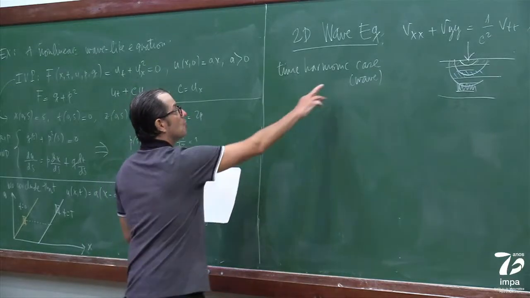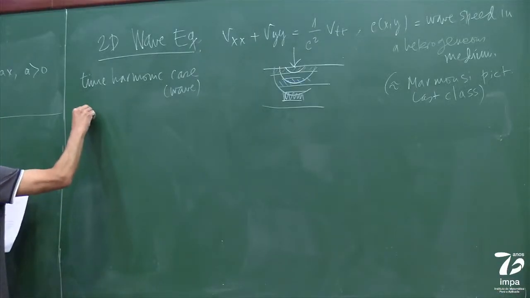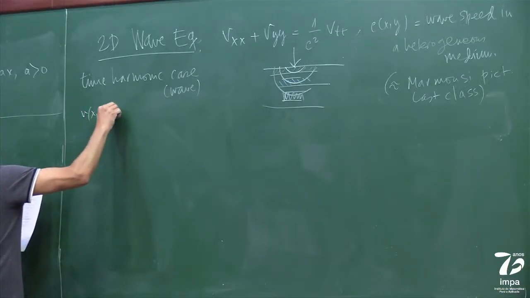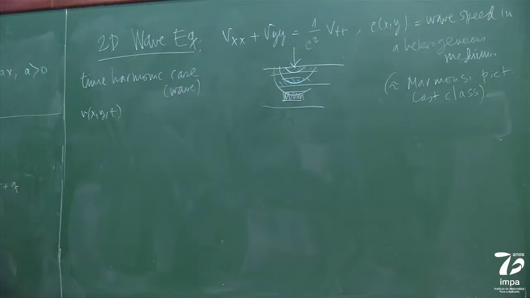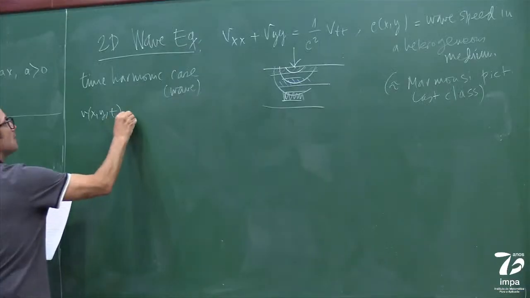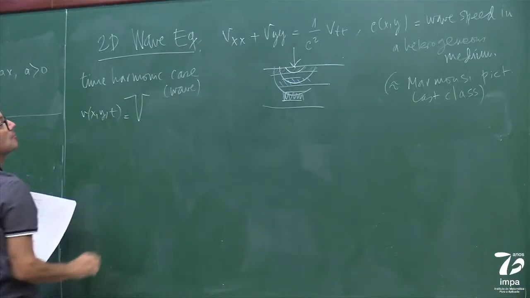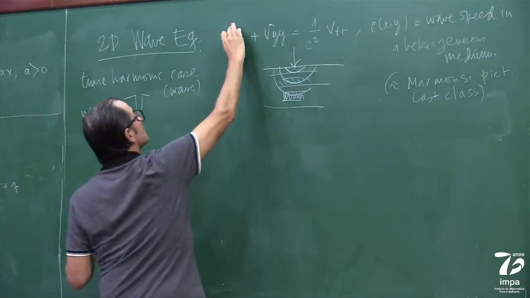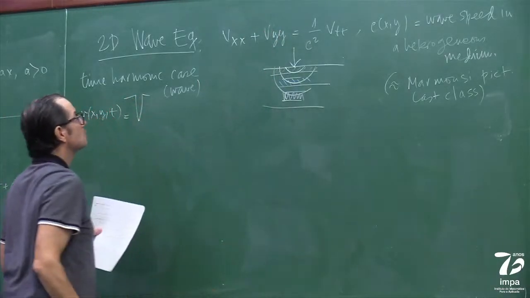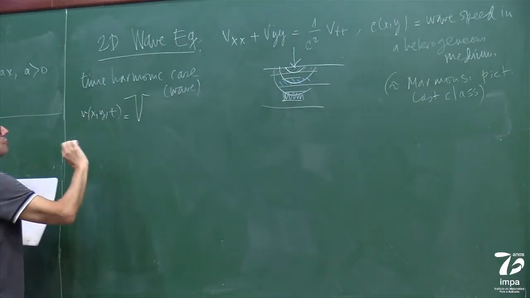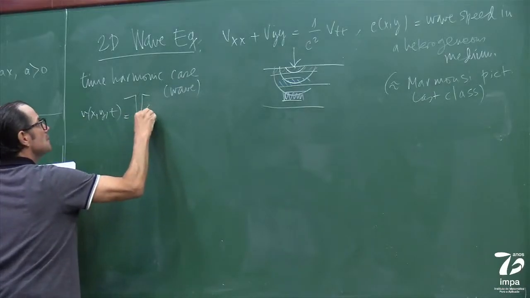So time harmonic wave. Now the good way to tell my audience, you, what I'm thinking is saying, look, I'm going to write this. Capital V, right? Capital V is now this.